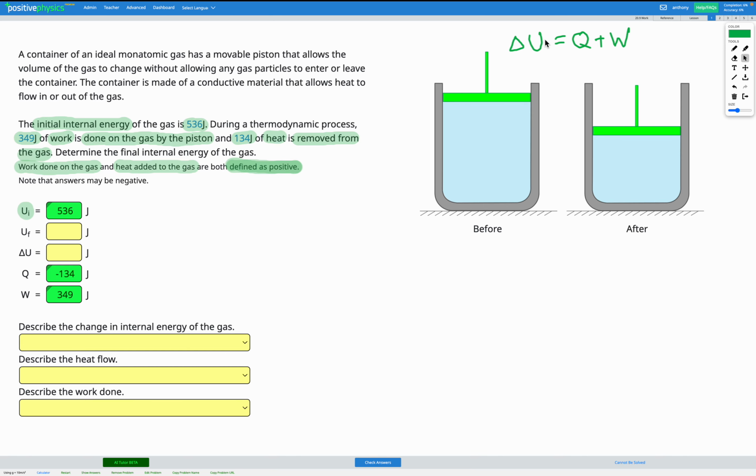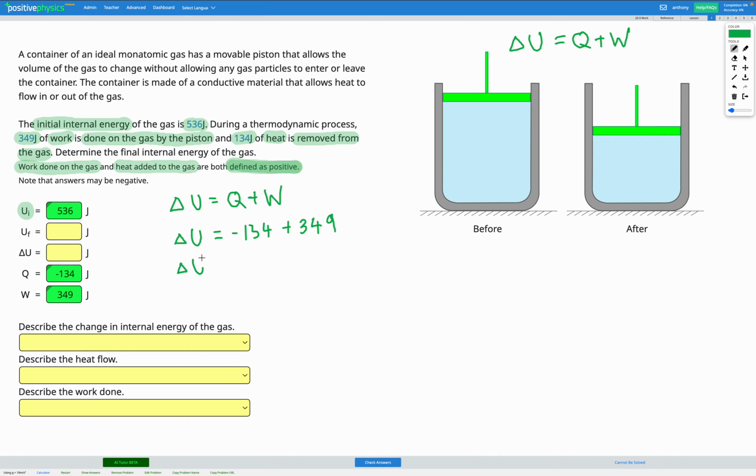So to find our change in the internal energy, we're going to put that into our equation. Delta U equals Q plus W. Our unknown is delta U, so that's already arranged correctly. We just need to go ahead and put in our numbers. So delta U is equal to Q, which was negative 134, plus W, which was positive 349.